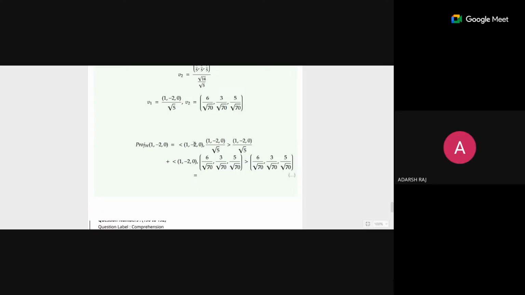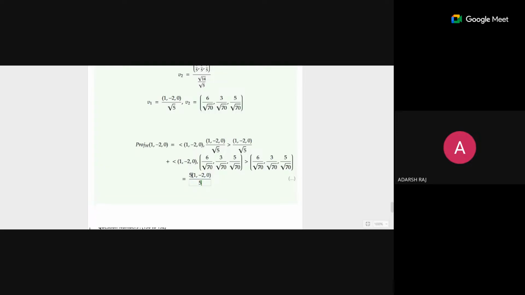So the dot product between these two vectors will be what? The inner product between these two vectors. This will be 5 by root 5. So can I write like this here? 5 by root 5, and root 5 into root 5 is 5.